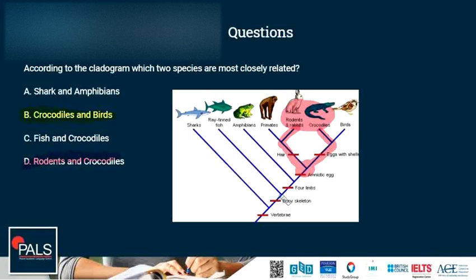So it's quite a bit of a way to get down there. Much closer related in this case are the crocodile and the bird. Their common ancestor is directly here with eggs and shells.